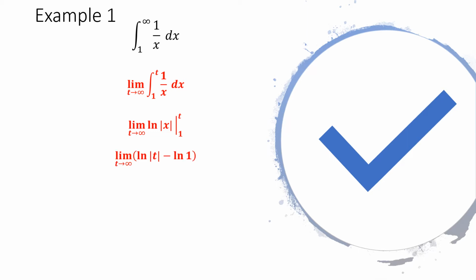Then I'm going to plug in my bounds, so I have ln of t minus ln of 1. Remember, ln of 1 is 0, so it's really just the limit as t goes to infinity of ln t. And then I plug in infinity, so I get ln of infinity, which is infinity. And because I'm getting infinity as my answer, I know my integral diverges.